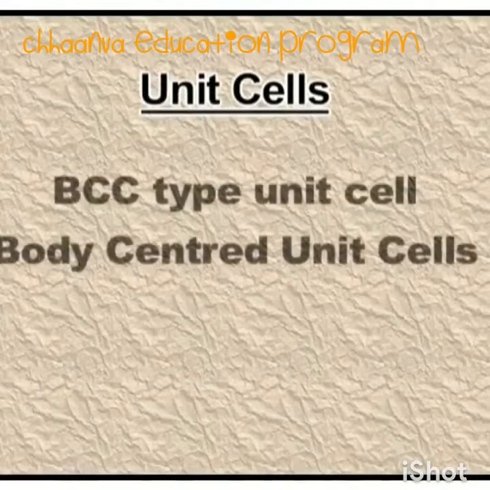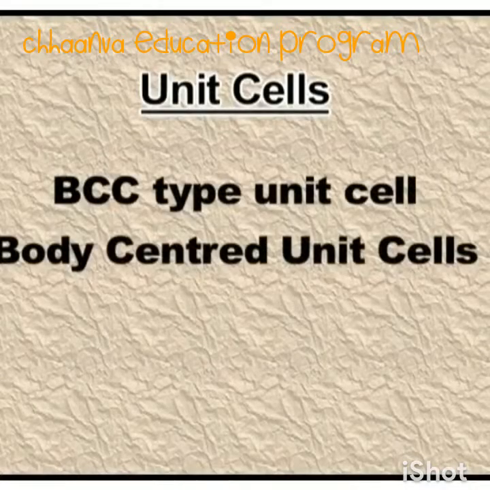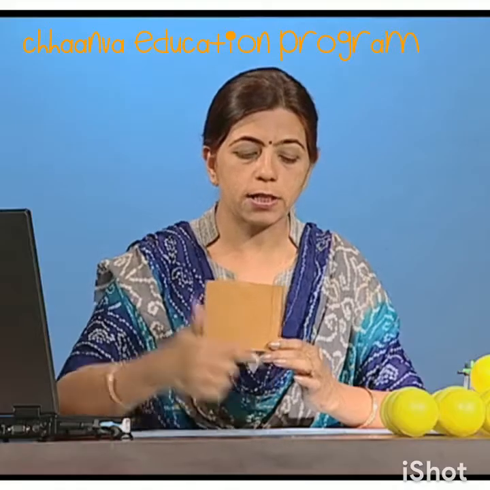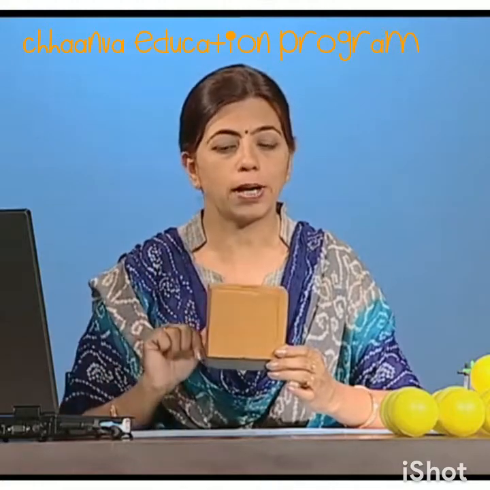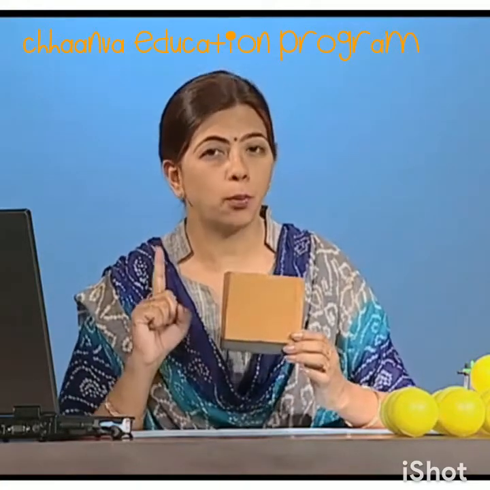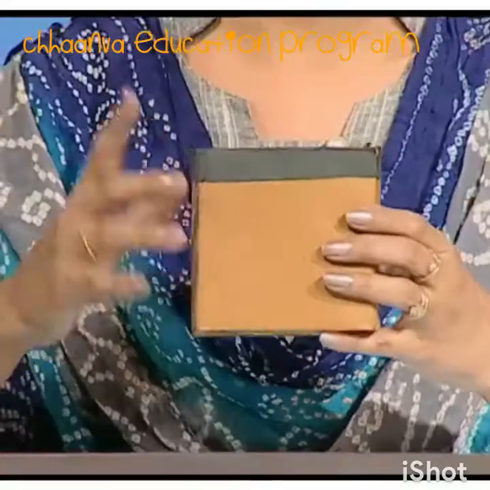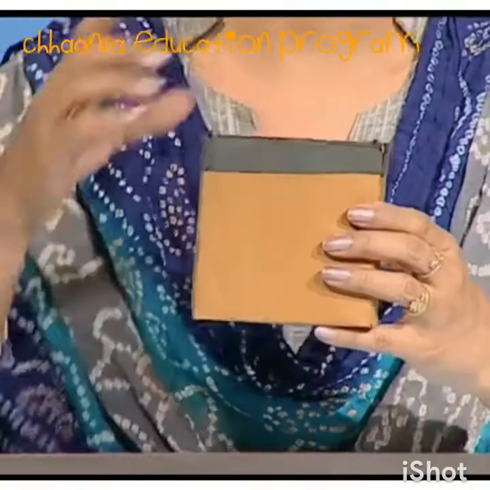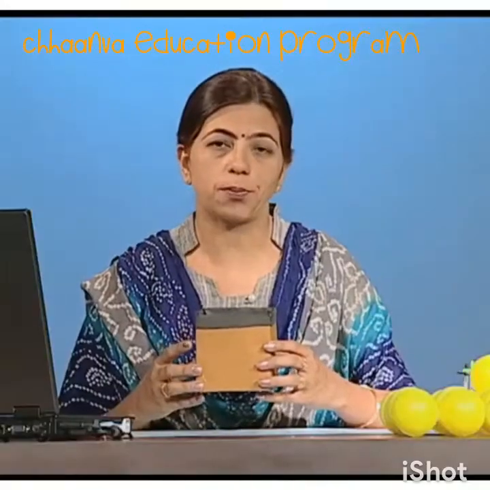In the BCC type unit cell, that is the body-centered unit cell, the constituent particles are present at the corners, that is, 8 corners will be occupied, and there will be one atom inside this unit cell. Let's suppose one particle is present inside it. This is BCC type.